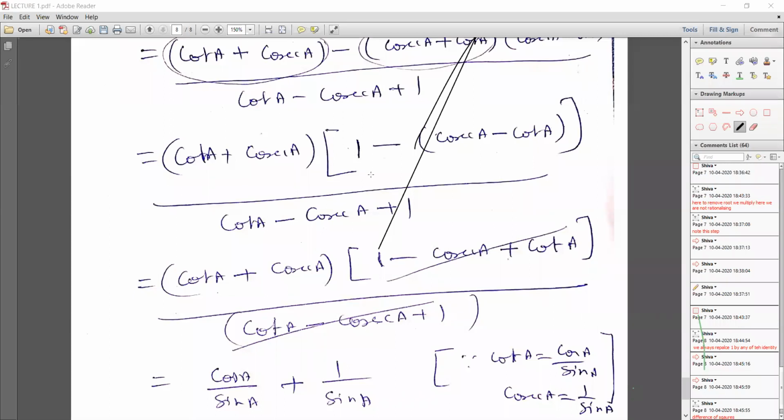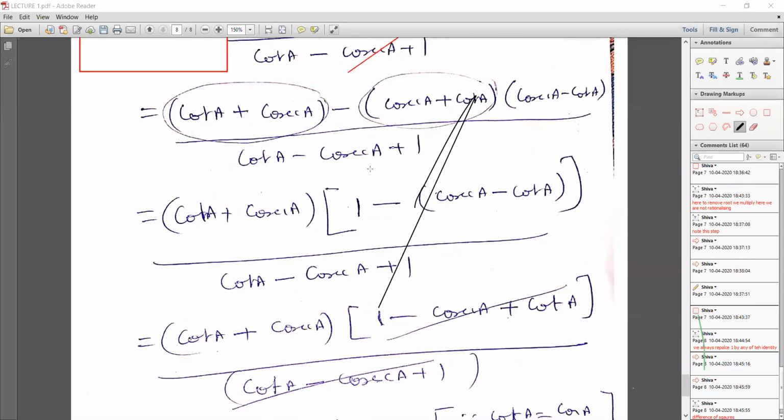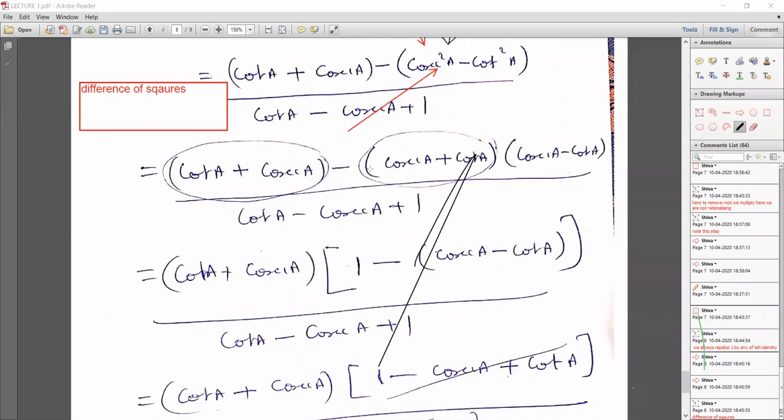Now, after reaching this step, I have written in the numerator cosec square A minus cot square A as cosec A plus cot A and cosec A minus cot A. And the first cot A plus cos A is written as usual. The denominator part is as usual.